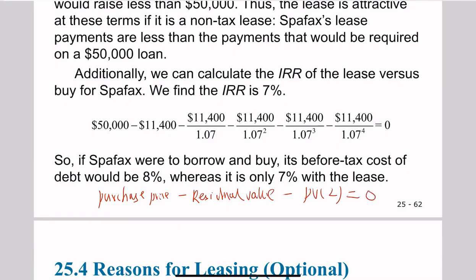In this case, you will solve for the discount factor which makes this equality hold, right? And this discount factor you solve for will be your internal rate of return. So you can see that the IRR here is 7%. And you can see that the IRR is smaller than the cost of capital. So this basically tells you that leasing is desirable, right?